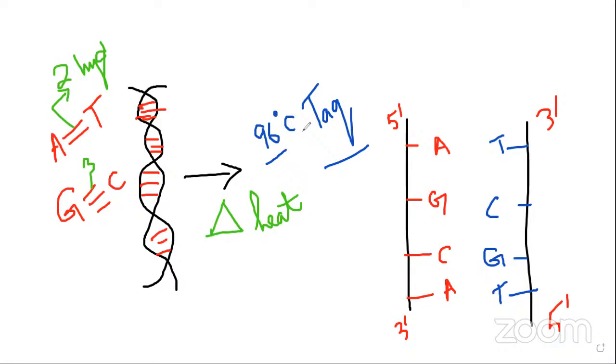Normal enzymatic activity is at 42 degrees Celsius, which is very, very important. This is the normal one, and this is the extreme one. As a result, you will get 2 single strands like this. Got it?